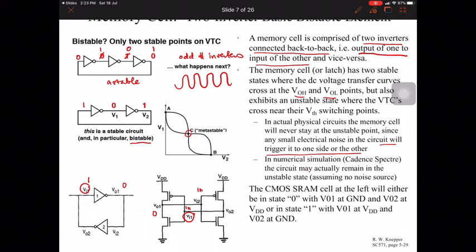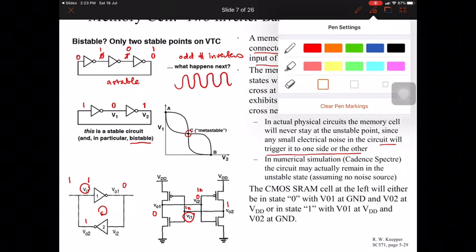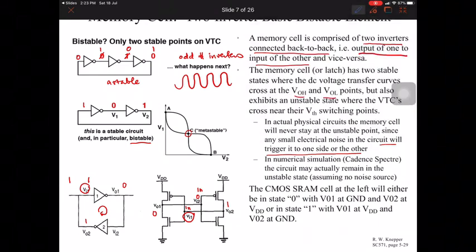This 0 will be put into the second inverter, going to VI2, and we will produce a 1 at the output. So this way the data is always stored inside the cell. This memory cell will store a 1 here and will store a 0 at the output.